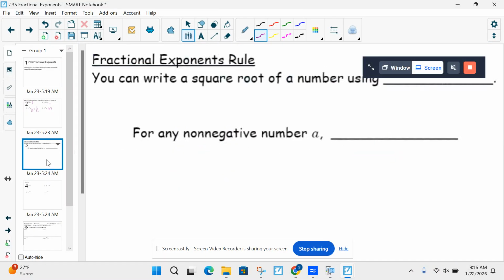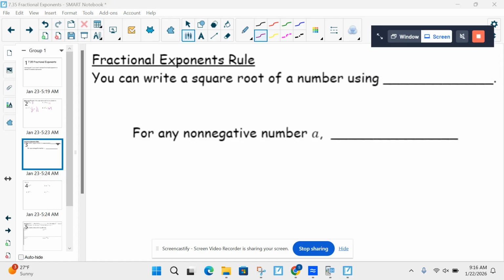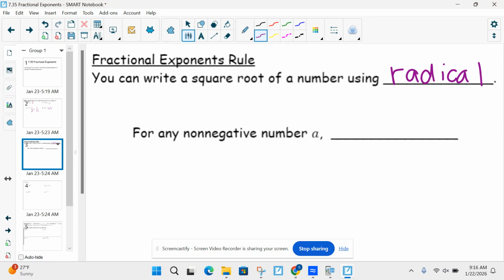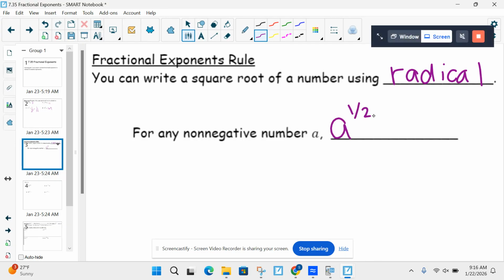Okay, so the rational exponent rule. You can write a square root of a number using a radical. And for any non-negative number a, a to the 1/2 is equal to the square root of a.